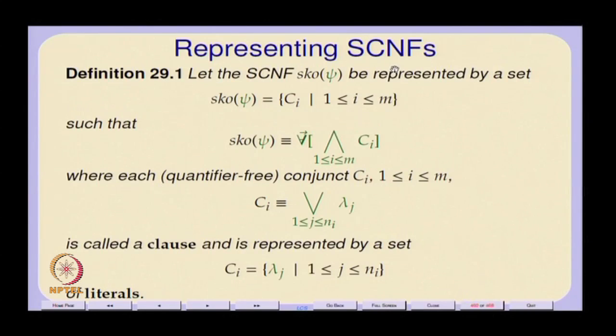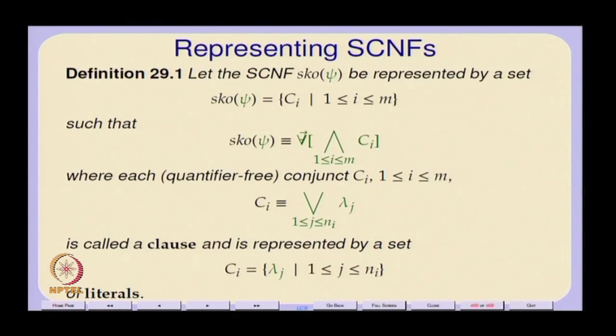So let's look at a Skolem conjunctive normal form. These are essentially what are known as a set of clauses, Ci. For any formula there will be a finite set of clauses, Ci, such that the original Skolem conjunctive normal form should be regarded as being syntactically the same as a universal closure of the conjunction of these clauses.